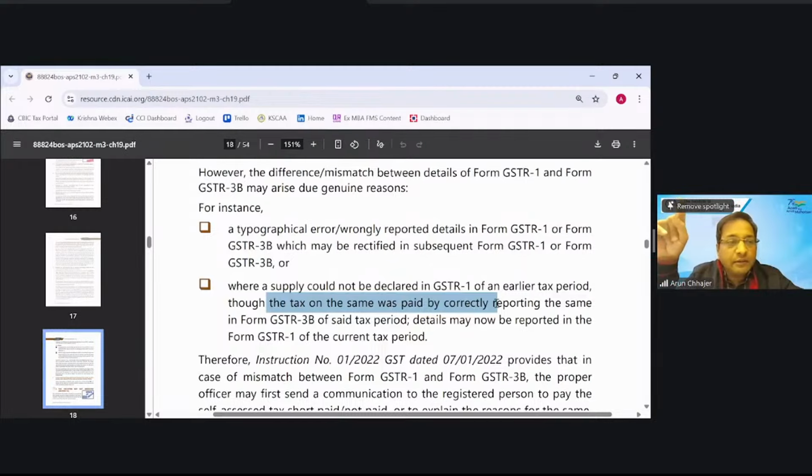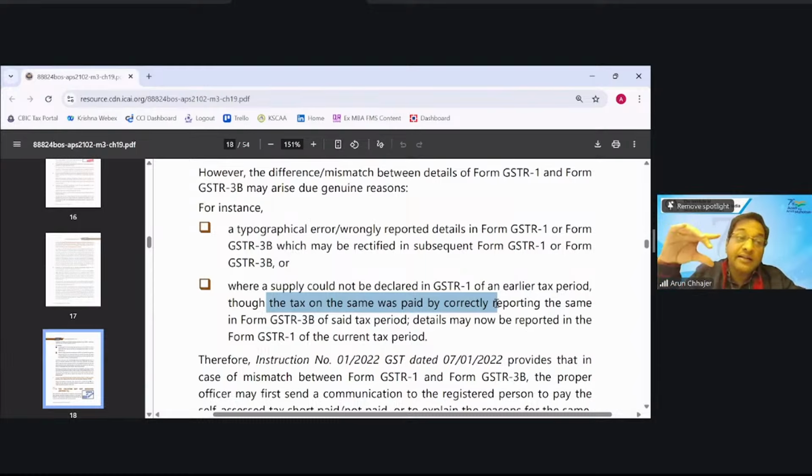Whatever that reporting will be done in the next month. अब मैंने टैक्स ज्यादा पे कर दिया, अब मैं GSTR नेक्स्ट मंथ का सोचो, मैं अमेंड करूंगा, वो जो इनवॉइस छूट गया था वो मैं ऐड करूंगा, but will I pay the same amount in GSTR3B? Answer is no. Whatever I have reported in R1, I will not pay because I have already paid in GSTR3B. तो मैं वो क्या टैक्स पे करूंगा, कम टैक्स पे करूंगा.